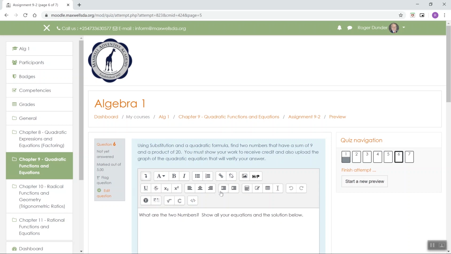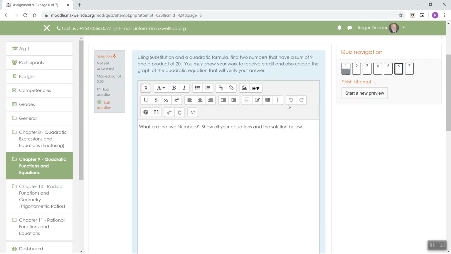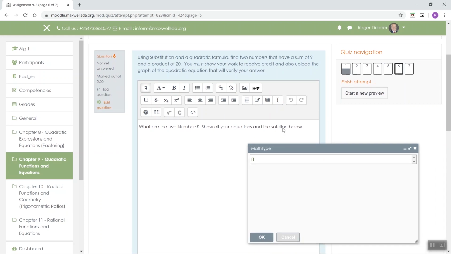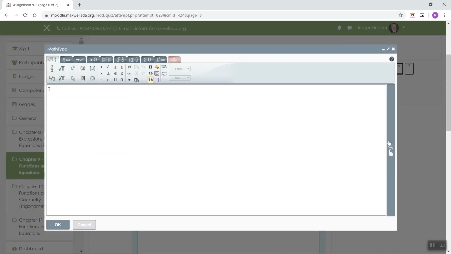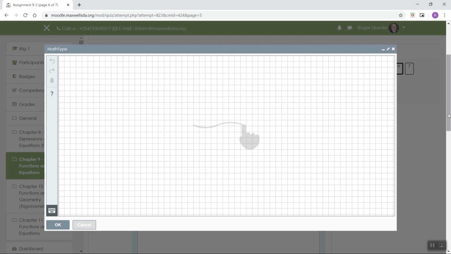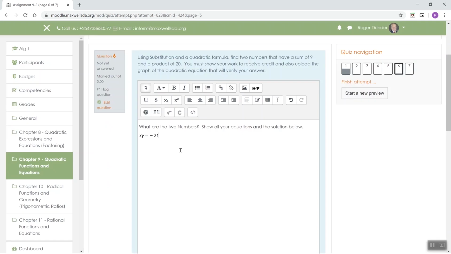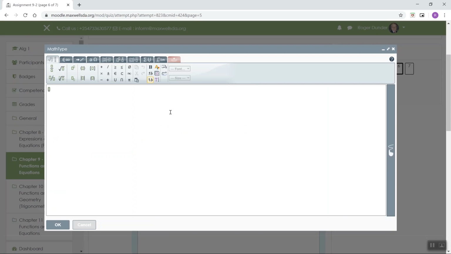So I would use my MathType here. I would go ahead and bring up my little toolbar here. Enlarge this. I'm going to use the writing thing, and I'd say that x times y equals negative 21. Okay, that's the first thing. I'm going to say okay. And then right underneath of that, I'll write my other equation.